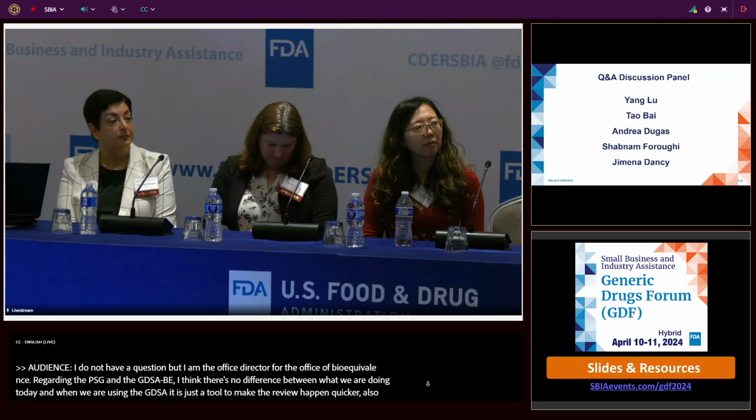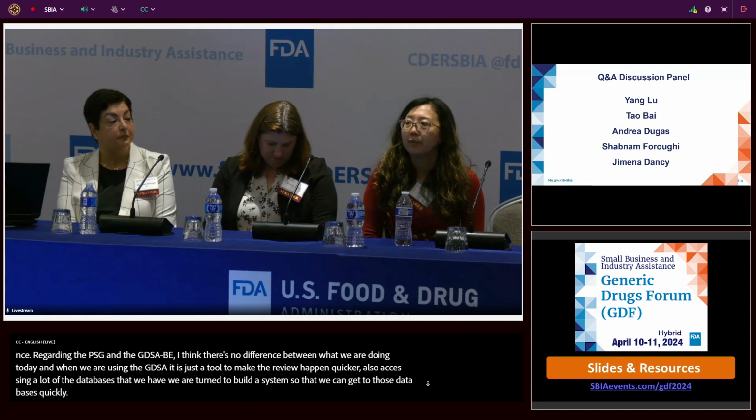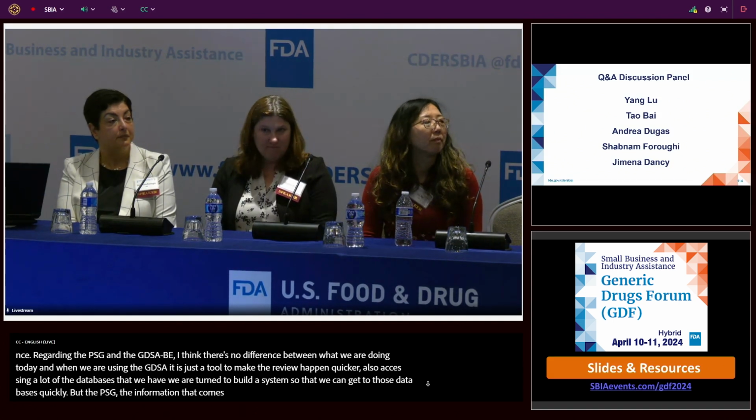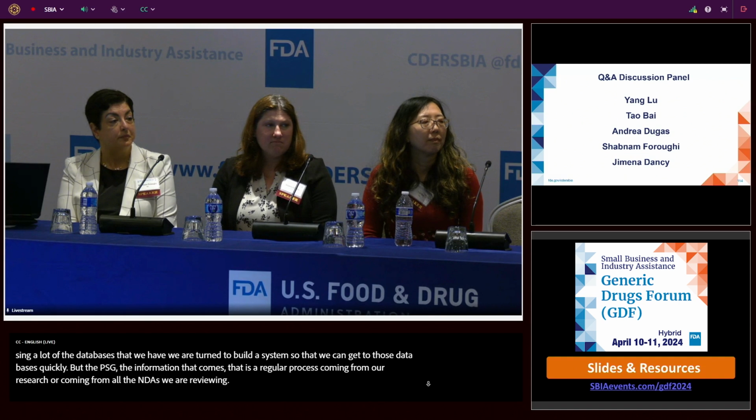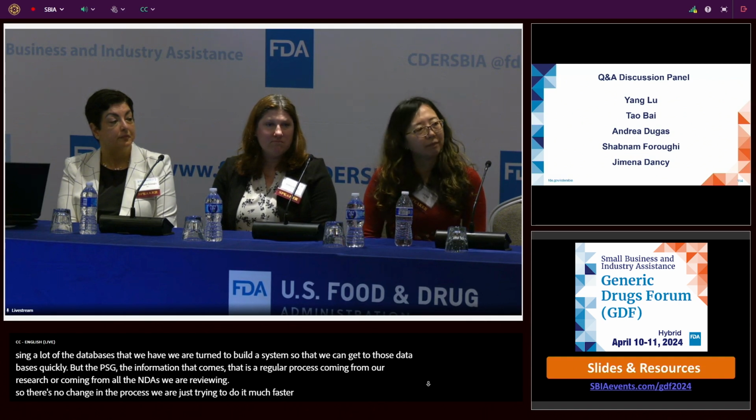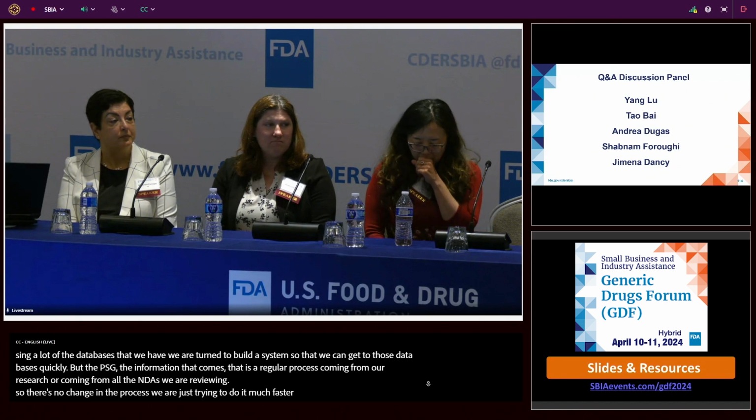But the PSG information is a regular process, which is coming from our research, from NDAs, and from all of the ANDAs that we are reviewing. So there is no change in that process. We are just trying to do it much faster, more optimized, and hopefully, ultimately our responses will be more standardized, more consistent.